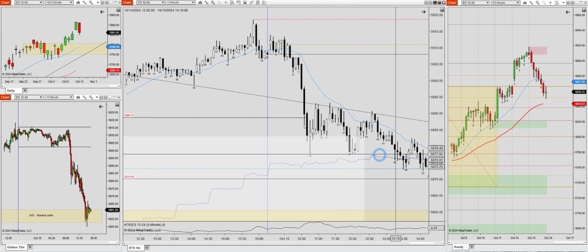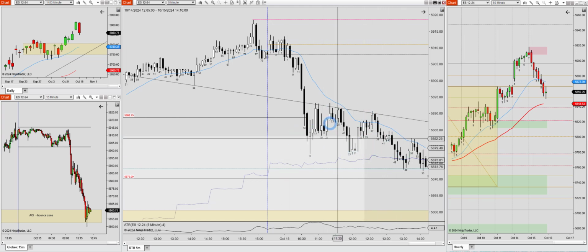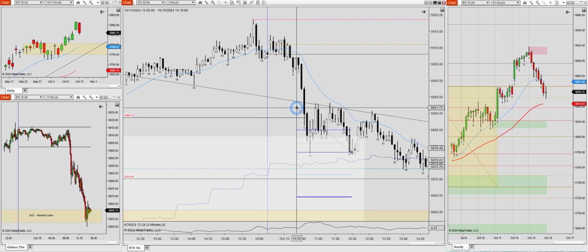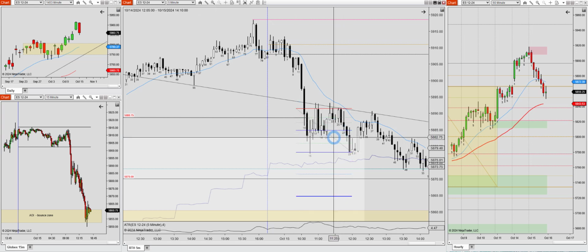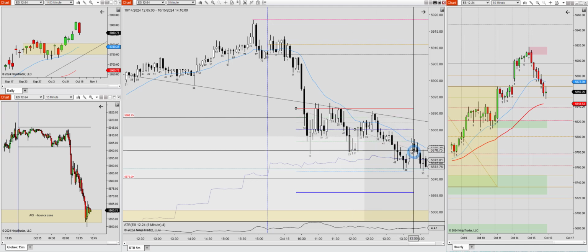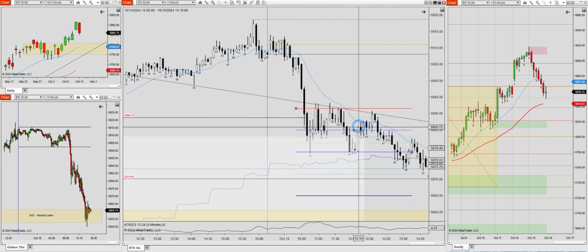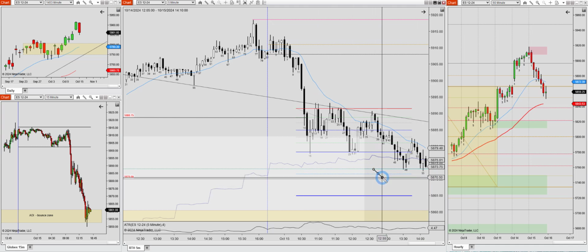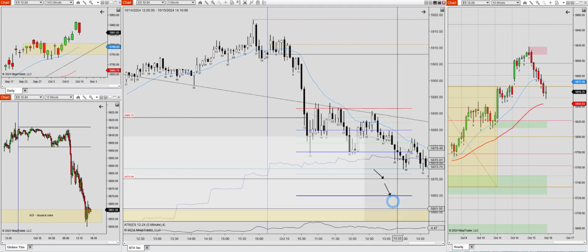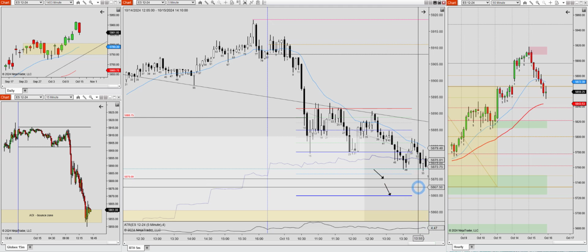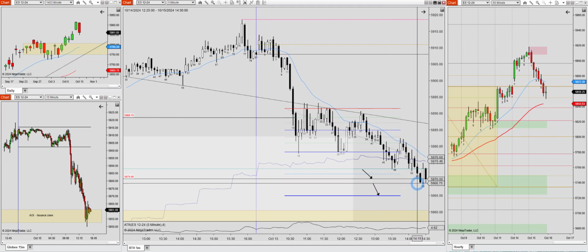We're taking out these lows, so I also have some kind of a trading range here, which is the bear flag. I'm looking for a measured move target. So I'm not only looking for the market to reach here, but I'm also looking for the market to reach here. So the market is selling. I'm still holding.